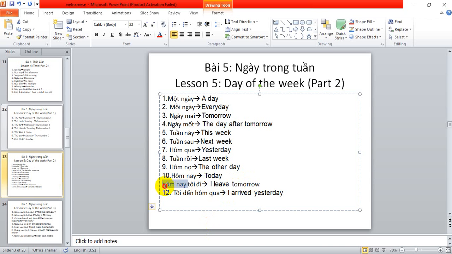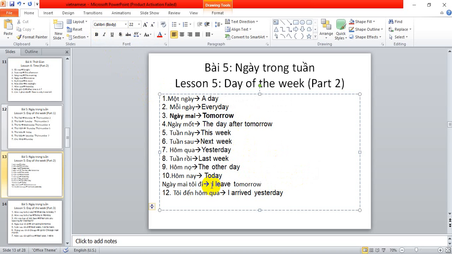We change this one and use this one: ngày mai tôi đi. I leave tomorrow, because tomorrow is ngày mai.